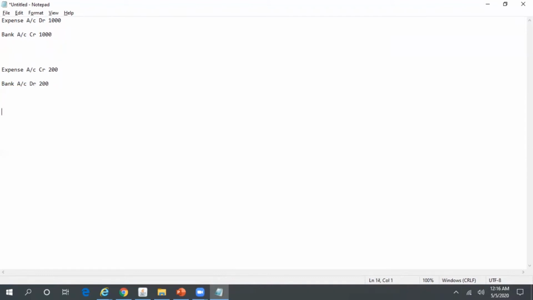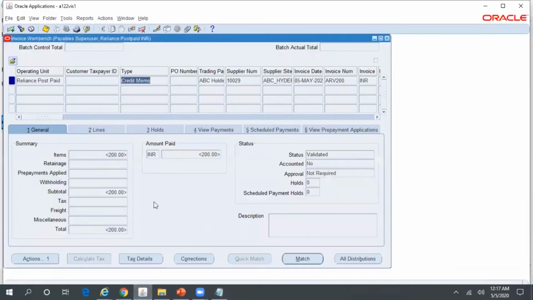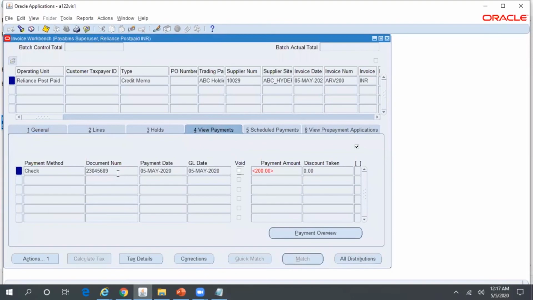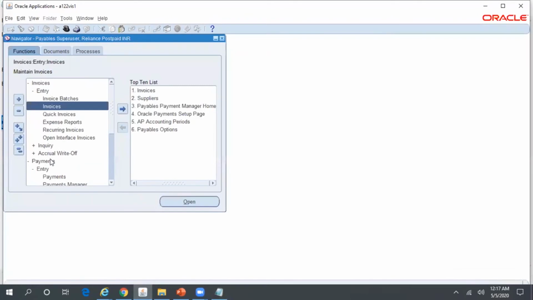So roughly your bank account credit is 800 rupees and your expense account is debit 1,000 and credit 200. So your expense account is debit 800. So this is your total net accounting entry of your original invoice, the payment, credit memo, and the refund transaction. Okay, let me show you the accounting entry of the refund transaction.